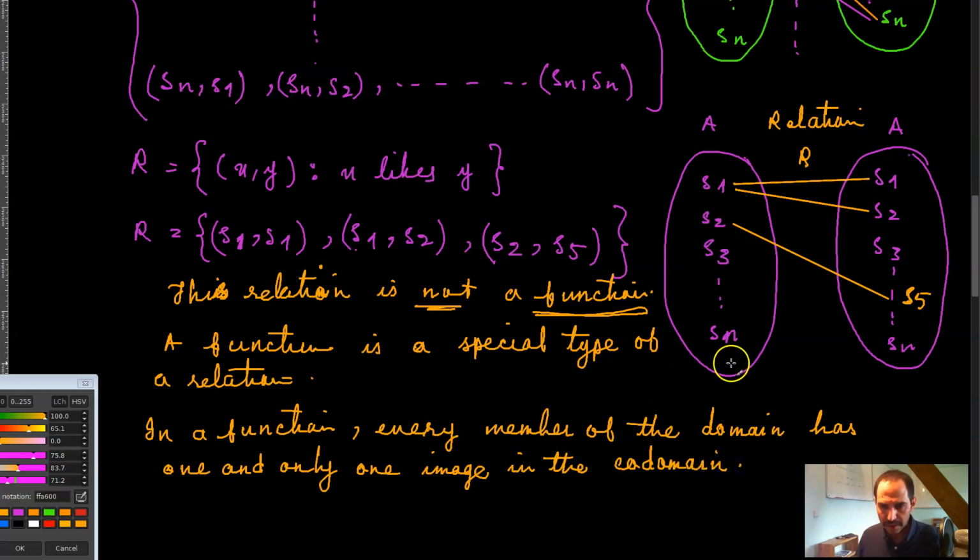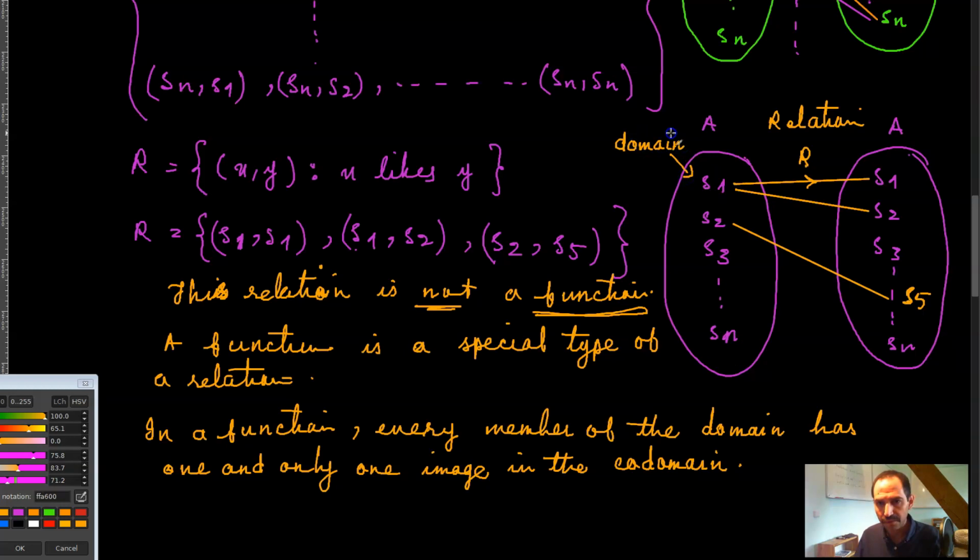So what that means is that this first set over here, you can call it the first set, and you can call this the second set, for example. And this is called the domain because the elements are mapped from here to some other set, right? So this you can call the domain.